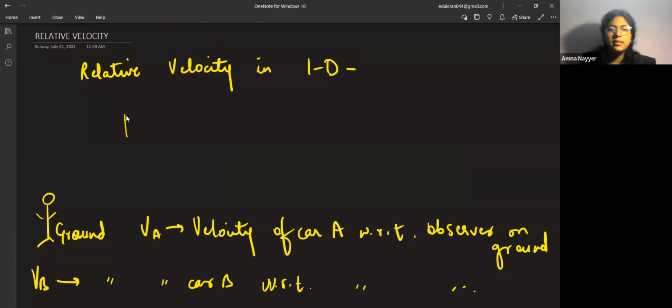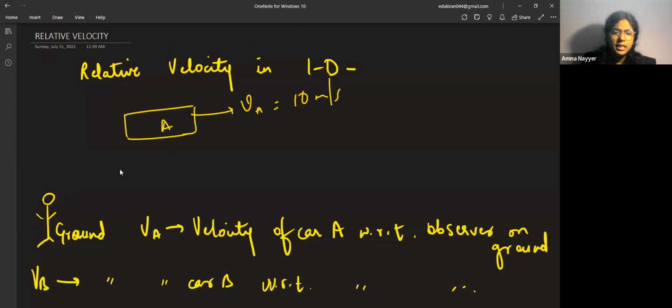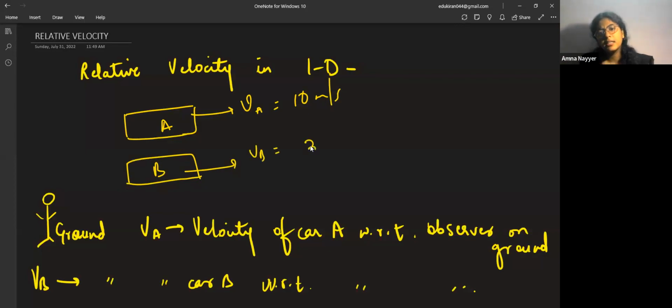Suppose this is one car, A, moving with a certain velocity, 10 meters per second. Let's say this is one more car, B, moving with, let's say, 3 meters per second. Both the cars are moving.